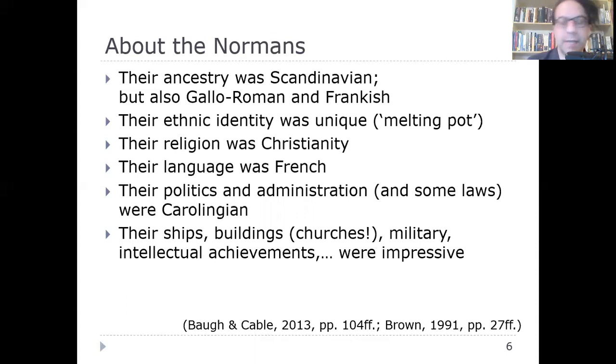Normandy itself can be considered a sort of cultural melting pot at the time. Their religion was Christianity. Their language was French, so these things clearly distinguish them from the Vikings of the Viking Age. Their politics, their administration, and some of their laws were Carolingian, and they got into shipbuilding.